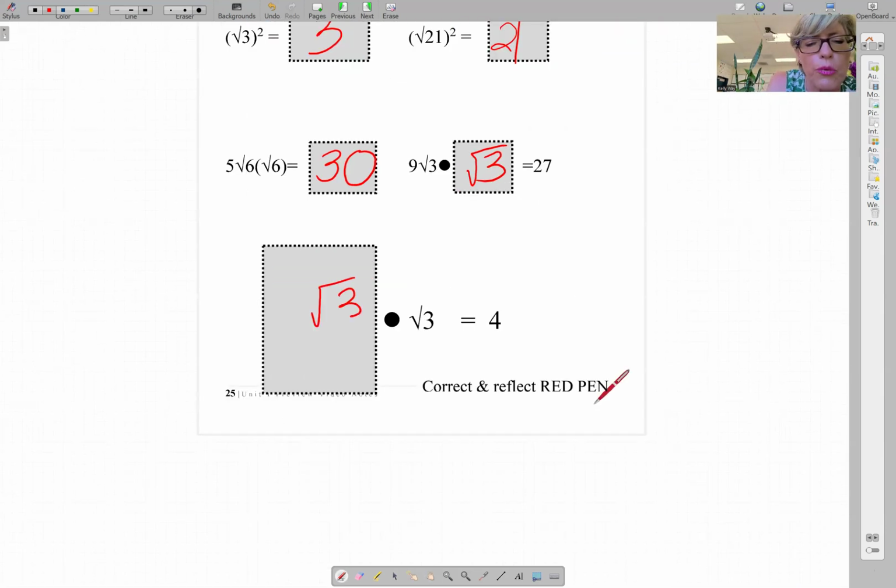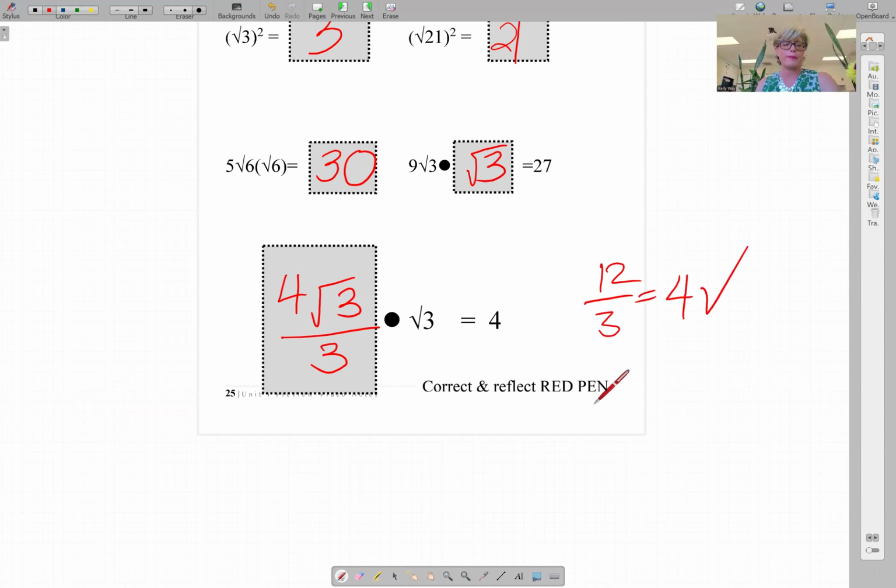Here I need a root 3, a 4 over 3. Why? Because root 3 times root 3 is 3. 4 times 3 is 12. 12 divided by 3 is 4. Check.